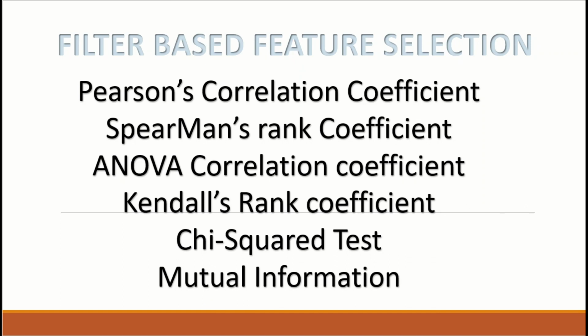Also, if you are not sure about these statistical concepts, like what Pearson's correlation coefficient, Spearman's rank coefficient, or ANOVA is, you can refer to another playlist where I have explained these concepts in statistics from basics. So now let's go to our IDE for Python.